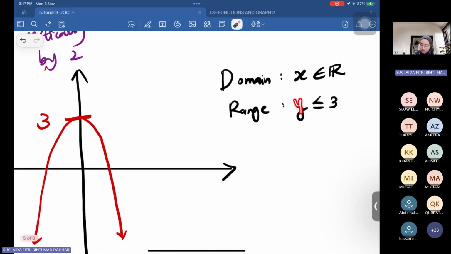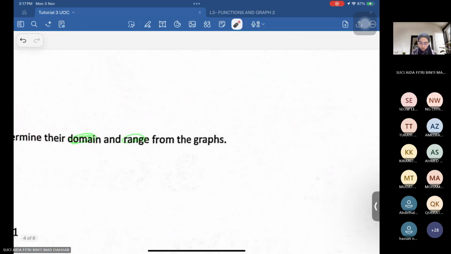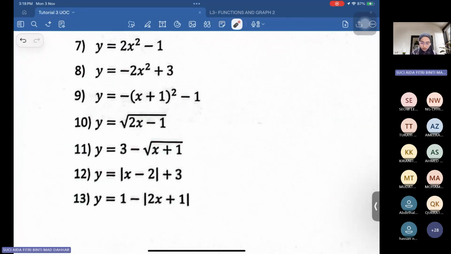You read from y. y is less than or equal to 3. This is 3. Every other point is lower than 3. It's below 3. This is less than or equal to. Okay? Then that's number 8. Number 9.